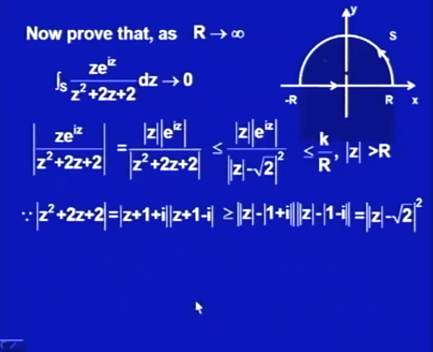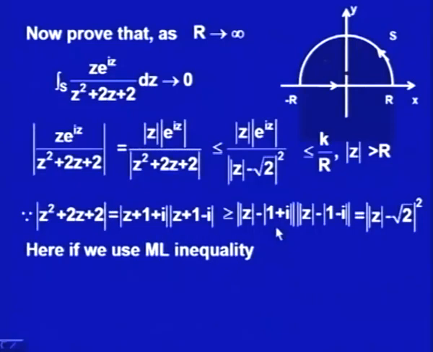From here, if I use the ML inequality on this integral, this function is bounded by k by r on this semicircle with radius r. So here, using this ML inequality, the absolute value of this integral would be less than or equal to M, that is the bound k upon r, into the length of the arc.